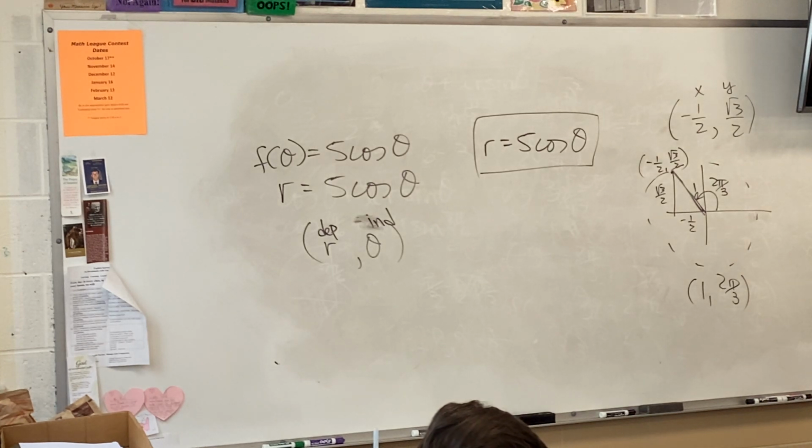Yeah. What's different about this one? It's on top, right? Its diameter, let me say it that way, its diameter is the y-axis. Wait a minute, sine y, cosine x. See how things kind of fit together?